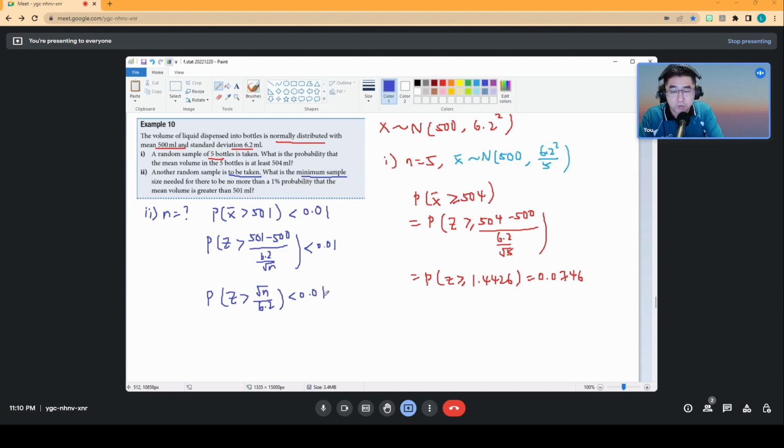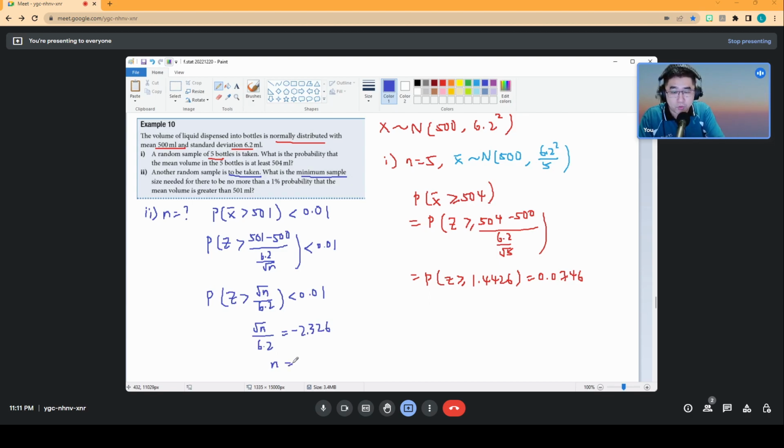So let's see the reverse calculation. In inverse normal, 0.01, we have square root n over 6.2 equals negative 2.326.